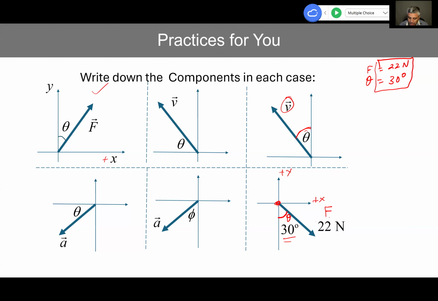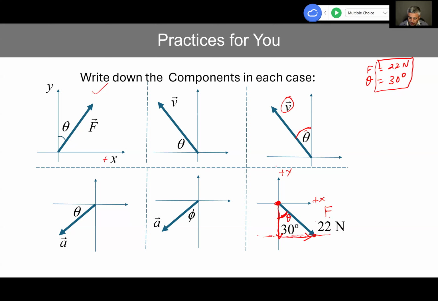And then we want to start from the tail and go to the tip, and we are only allowed to move in the direction of the horizontal and vertical axes. Since the angle is on this side, I'm going to go past this side here. And once I reach a point in line with the tip, then I can go in that direction.